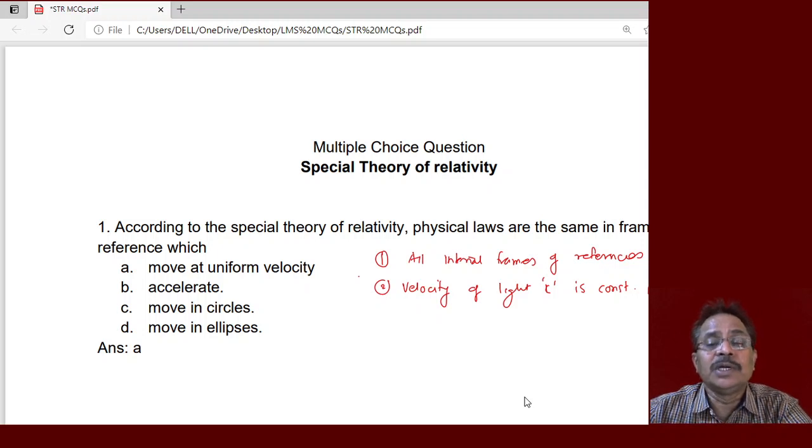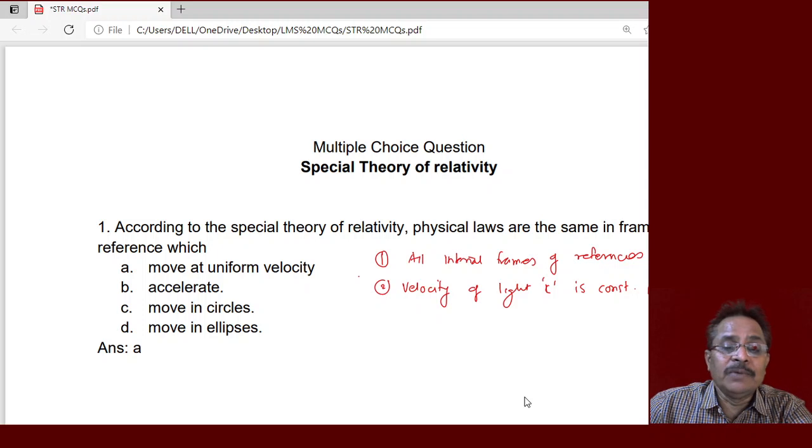And the first postulate is about inertial frames of reference, and we know from our definition, this is what we draw several times, this diagram. This is my x, y and z, and this is another frame, x prime, y prime, z prime.